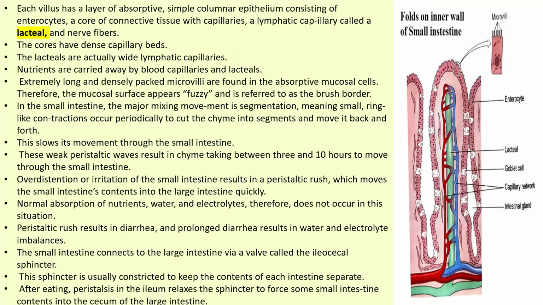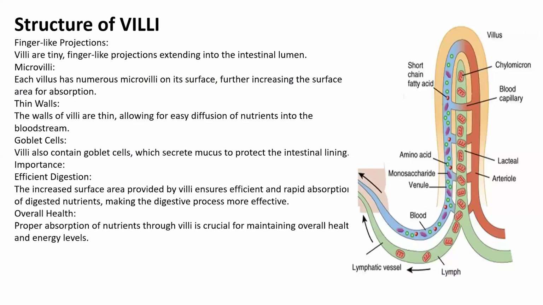Whenever you eat anything, peristaltic movement takes place in the ileum, relaxes the ileocecal valve and sphincter muscle, and forces some small intestine contents into the cecum of the large intestine.